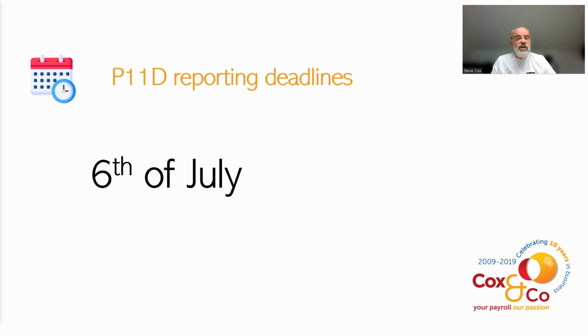Alongside a form P11D sits a form P11DB. P11DB is a form which basically consolidates, brings together all of the liabilities on your numerous P11Ds, and rolls it all up into one figure, and it's the liability you have to pay. On a Class 1A liable benefit, it used to be 13.8%.